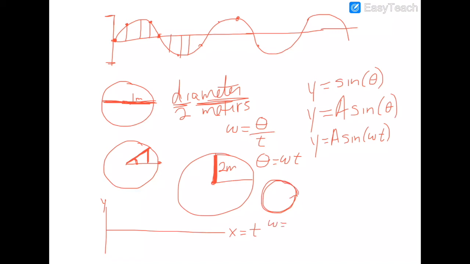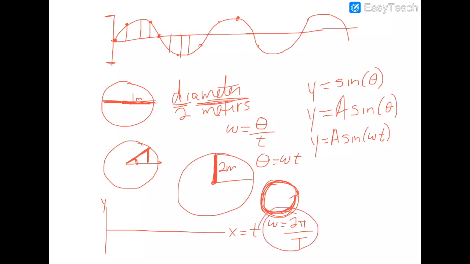Well, how far did it go around one time? It went 360 degrees or 2 pi radians, right? And how much time did it take to go around? Well, a certain amount of seconds. But we call the amount of time it takes to go around one time, one cycle, the period.